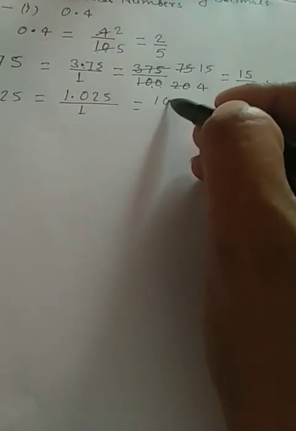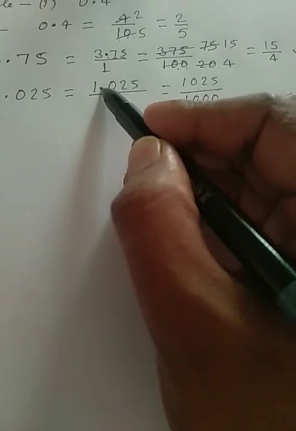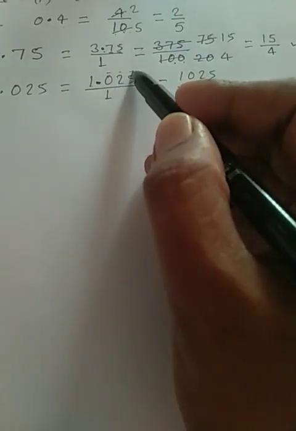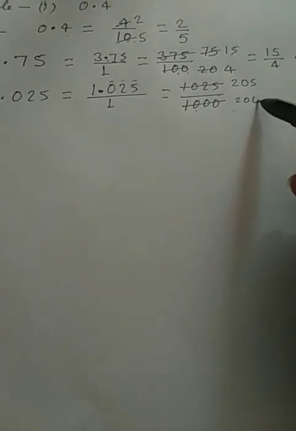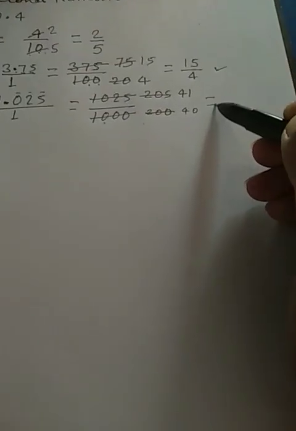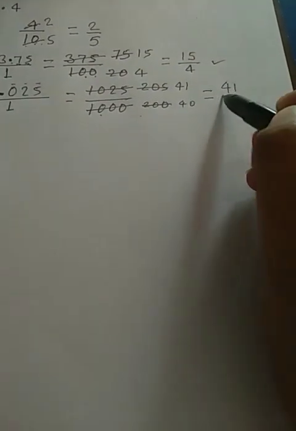Next it is written 1025 by 1000, because on the right side of the decimal there are 3 digits, so we have to put 3 zeros. Now again it is divided by 5: 5 twos are 10, 5 fives are 25, and so on. Once again divide by 5. Now it is 41 by 40.